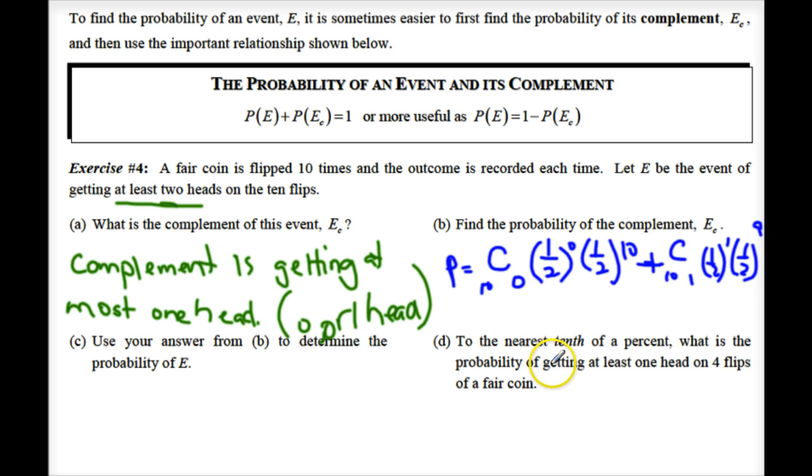Work this out in your calculator the same exact way, and you will get 11 out of 1024. So again, the complement is the probability of getting 0 plus the probability of getting 1 head.